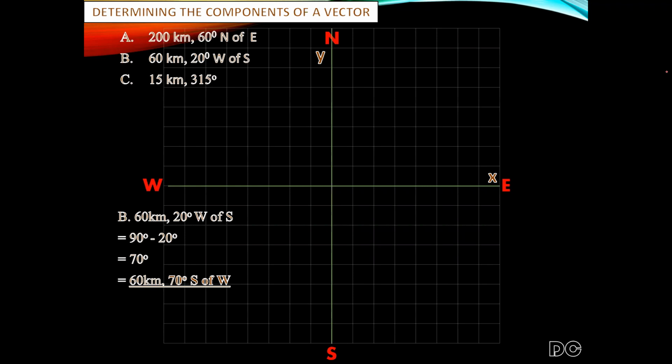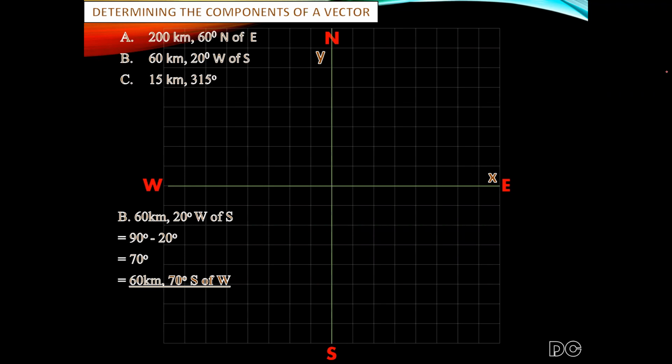Next is for the vector C. Vector C is 315 degree. As I have mentioned in the first part of this topic, our angle should not be greater than or equal to 90 degree. It should always be less than 90 degree.